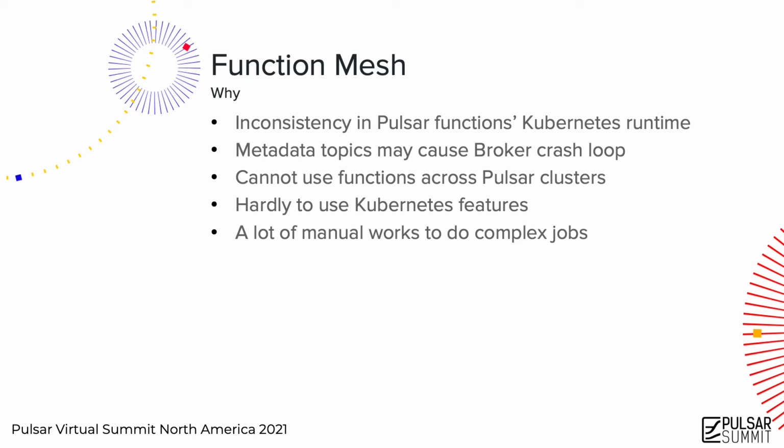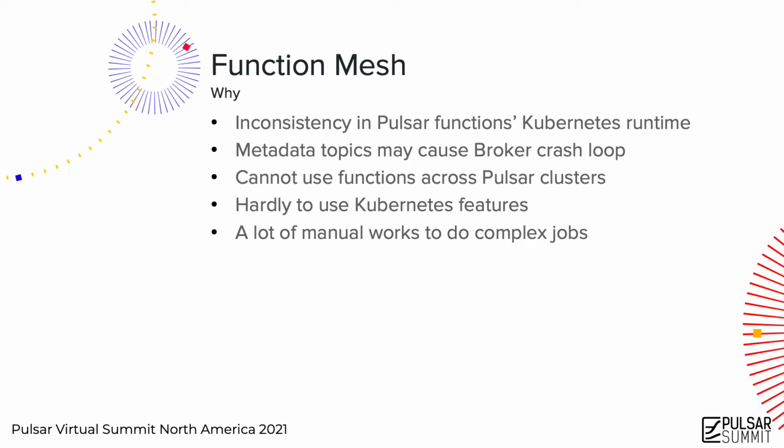Certainly, functions cannot be used across multiple Pulsar clusters, and the functions are tied to a specific Pulsar cluster. Also, currently, it is hard for users to implement certain features provided by Kubernetes, such as auto-scaling, with the Kubernetes runtime.